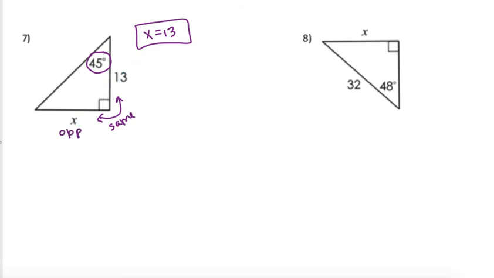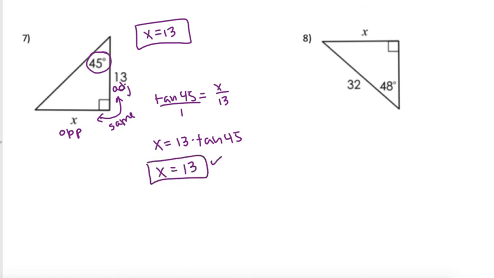If I want to apply trig, I'll get the same thing. Tangent of 45 equals x over 13, cross multiply. X equals 13 times tangent of 45. And in my calculator, I get x equals 13. Same thing. Special right triangles or trig.